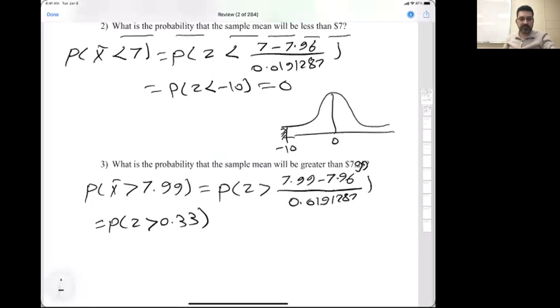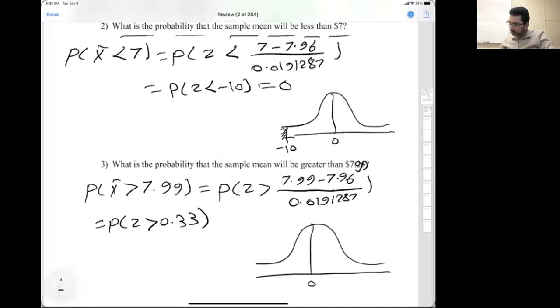So we need to find the probability that z is greater than 0.33. We need the area to the right of 0.33 under the standard normal curve. Don't forget that the table gives us the area to the left, not to the right.